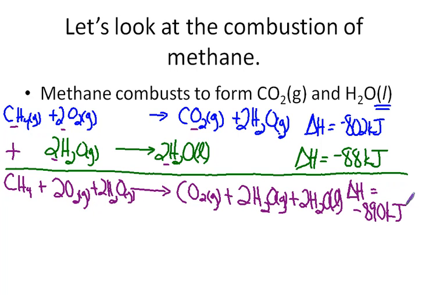Now, it seems like we should be all done, but we've got some kind of redundancy in this. You'll notice if you look that we have 2H2O gas over on the reactant side and 2H2O gas over on the product side. And just like in math, if you have two things on opposite sides of the equation, you can get rid of them.